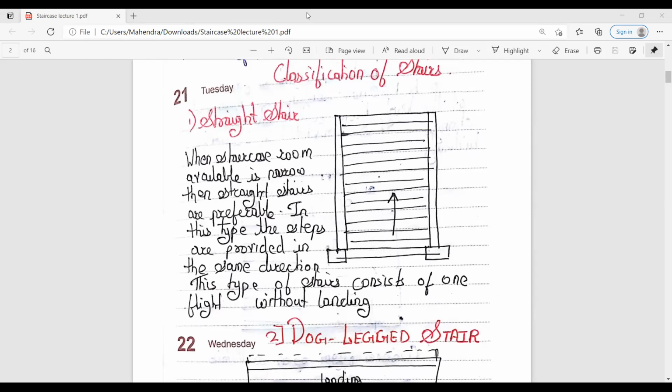Should I proceed further? So the second type of the staircase.